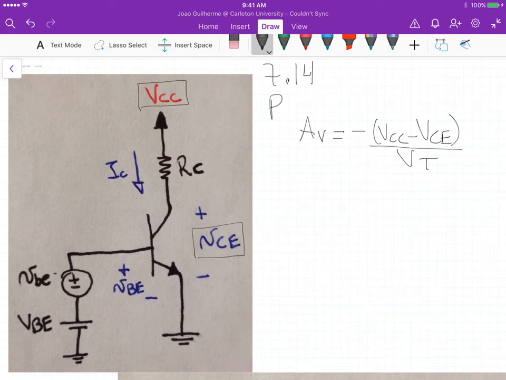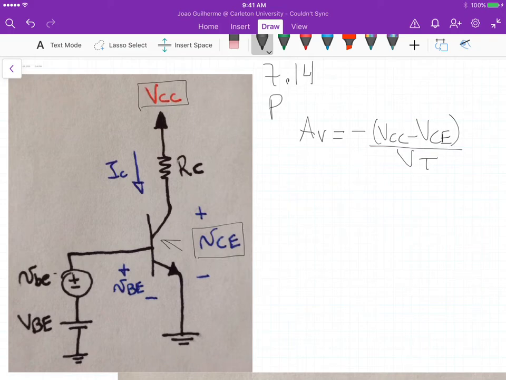Now the condition for this BJT to work as an amplifying device, or to have this circuit operating as an amplifying circuit, is that the BJT must be working in the active mode region.